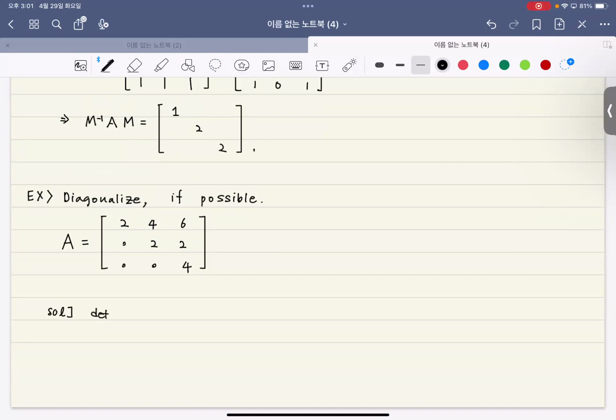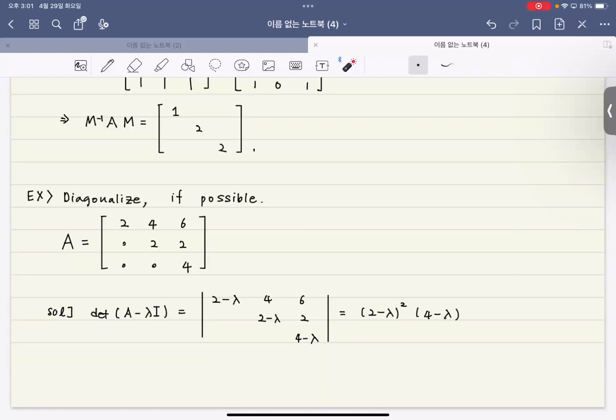The determinant of A minus lambda times I is (2 minus lambda), 4, 6, and (2 minus lambda), and (4 minus lambda). So it is (2 minus lambda) squared times (4 minus lambda). So I have two eigenvalues, 2 and 4. The eigenvalue 4 has algebraic multiplicity 1, and the eigenvalue 2 has algebraic multiplicity 2.